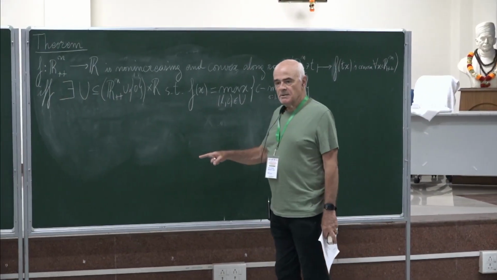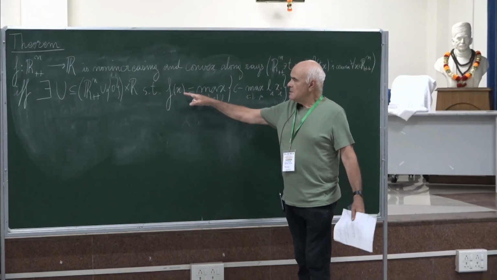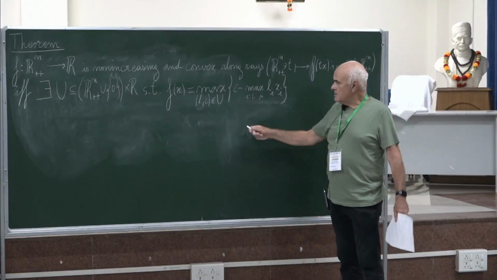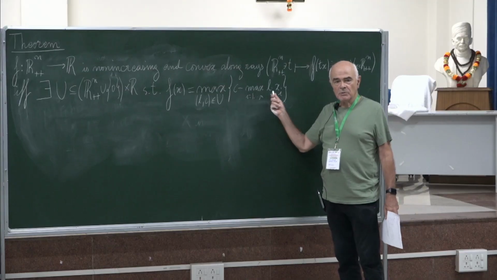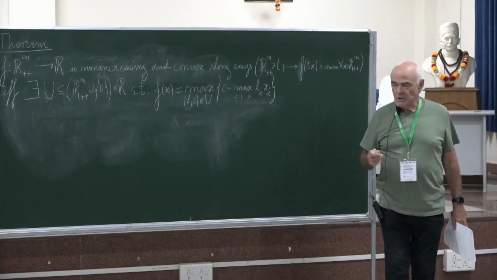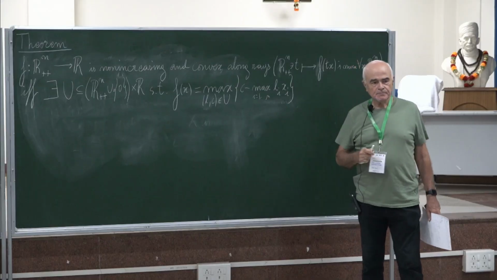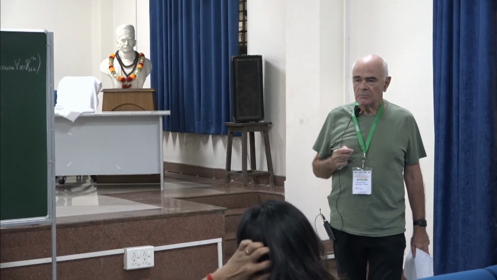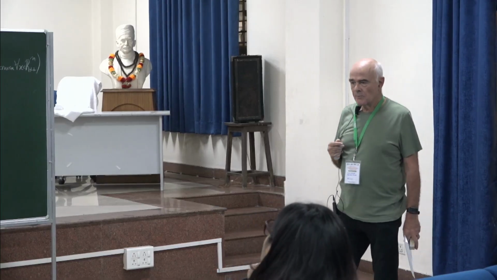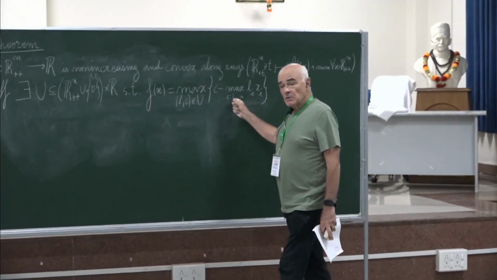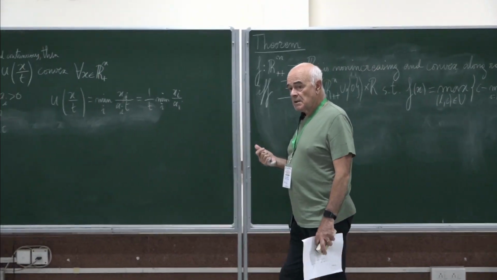So roughly speaking, a function is non-increasing and convex along rays if and only if it is the pointwise maximum of a collection of functions of this particular type. So functions of this particular type generate all non-increasing and convex along rays functions. These play the role as affine functions play in classical convexity.